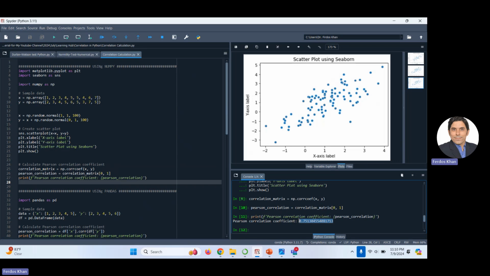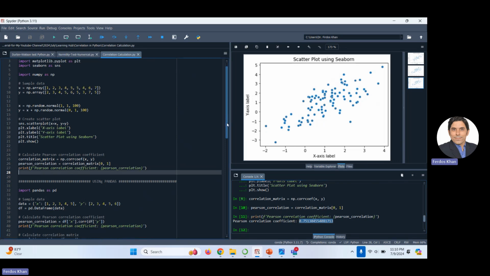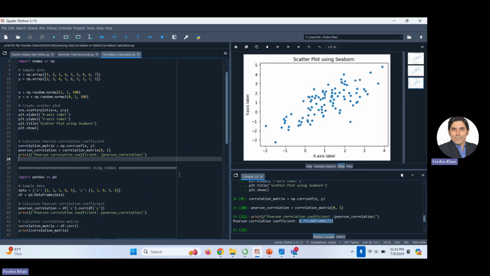It's not very strong, but it looks okay. Look at the graph, and you can guess from the graph. So this is the final result of the Pearson correlation matrix analysis. The results are stored in the Pearson correlation variable, so you can of course show its value here.